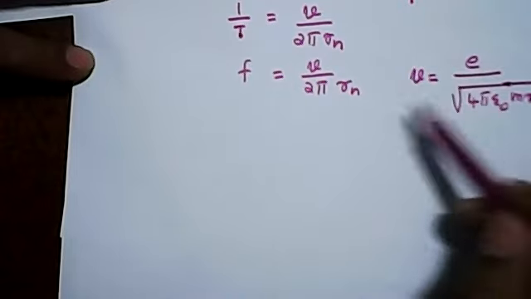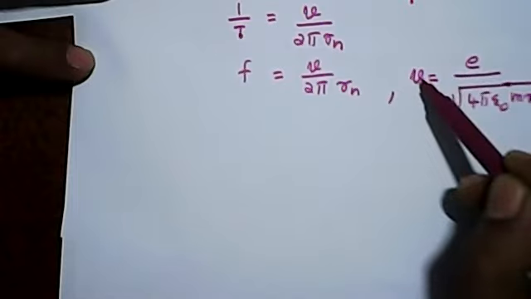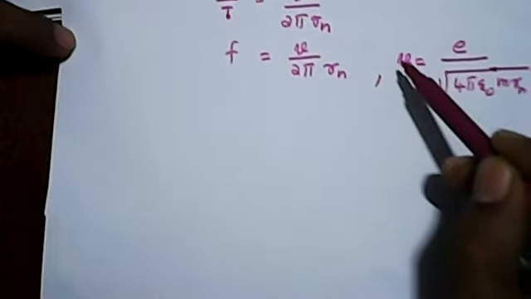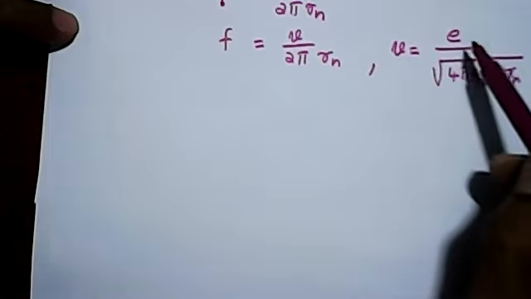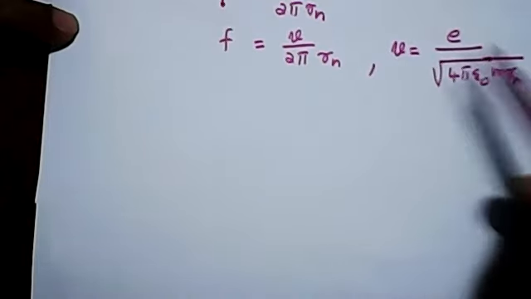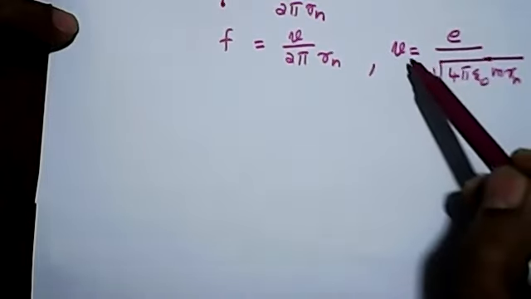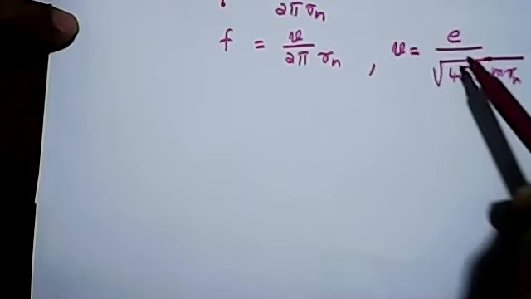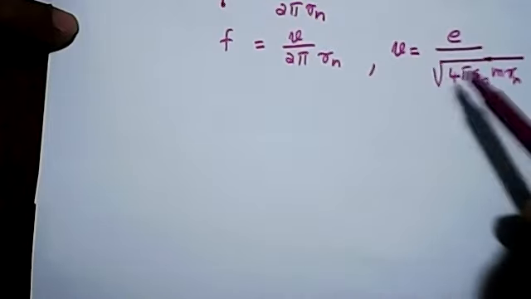You can go back and refer to this. The orbital speed of the electron v, we have already obtained this expression simply by equating the centripetal force and the electrostatic force. You will arrive at this expression.